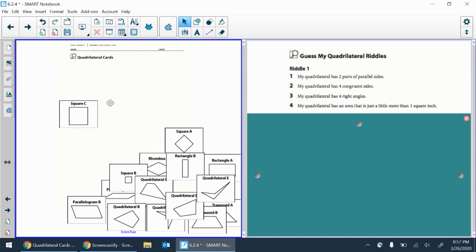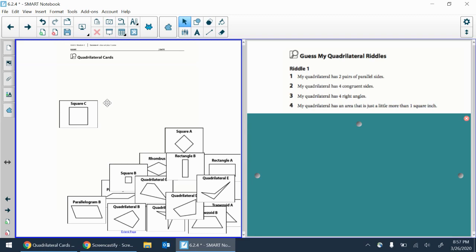So that leaves me with square C. I think the inside, the area, is 1 square inch. Did you end up with square C also when you were sorting along with me? I hope so, because that is the quadrilateral that I was thinking of.